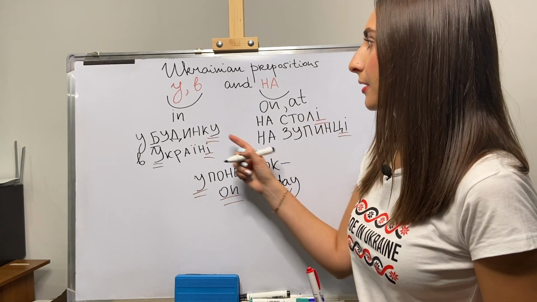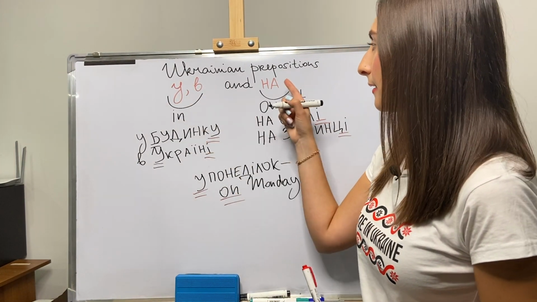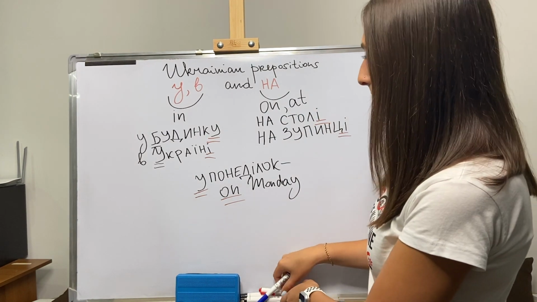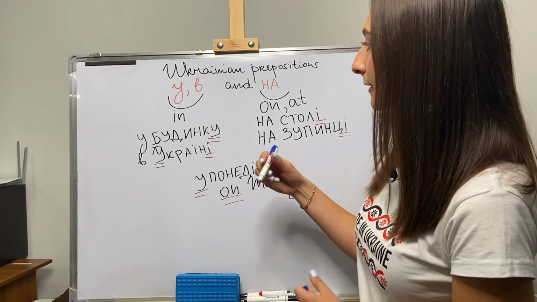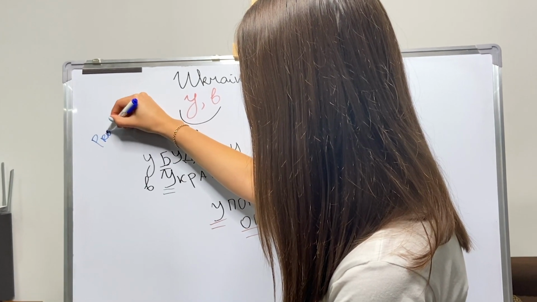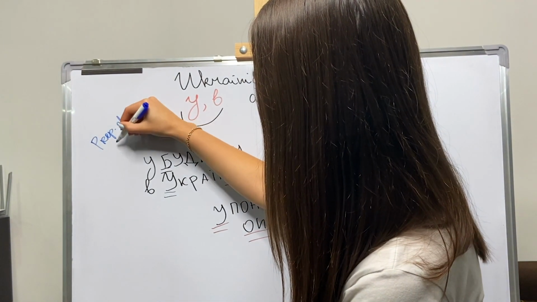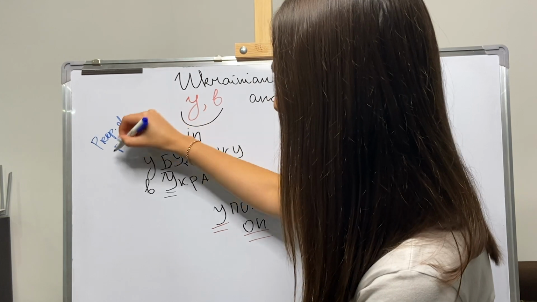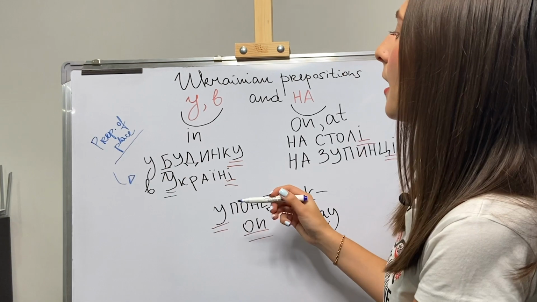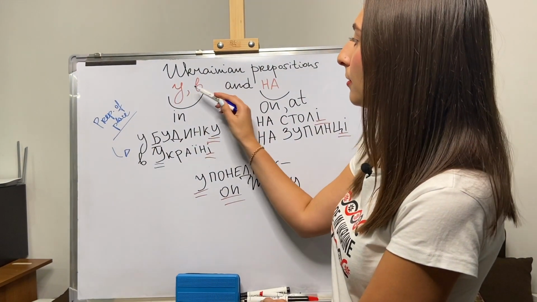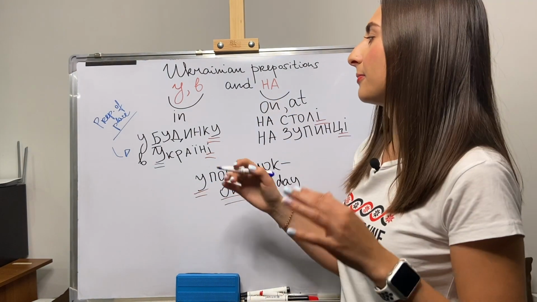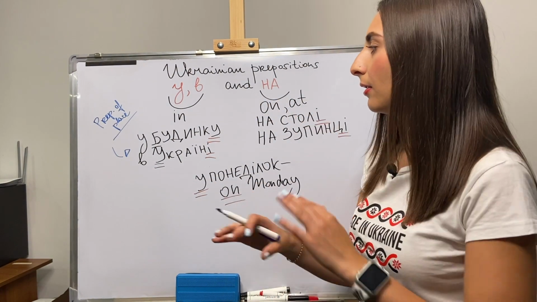Ukrainian prepositions u, v, and na have the difference when we use them as the prepositions of place. When we use them as prepositions of place, u, v will be translated and used always as preposition English in, all the time.